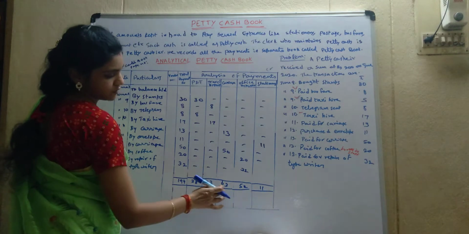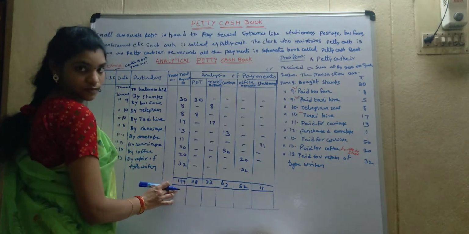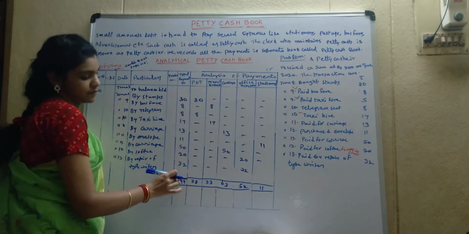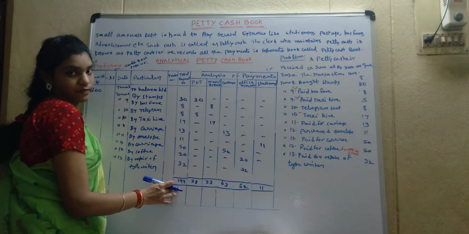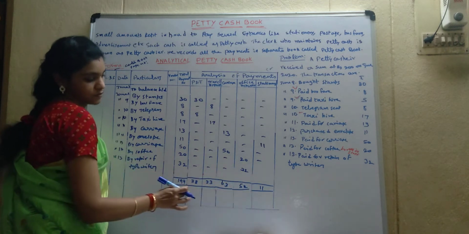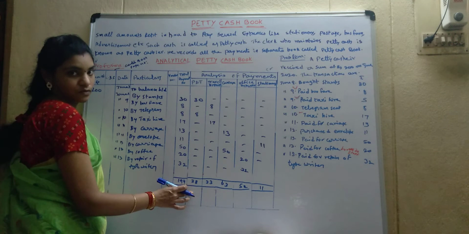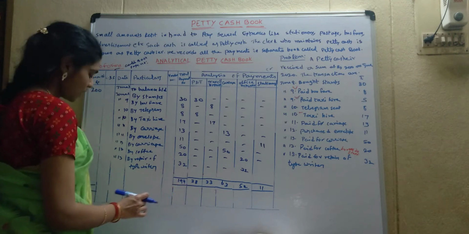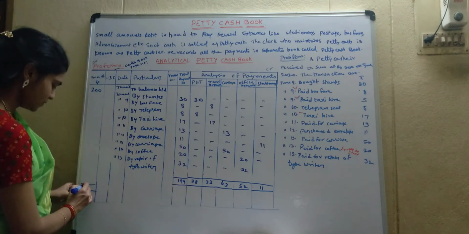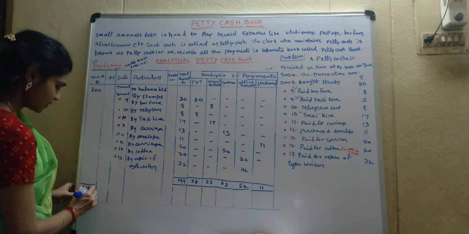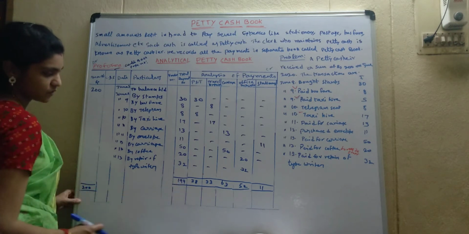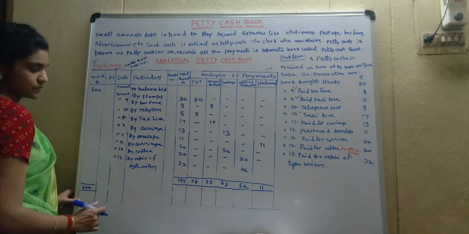All the totals of the amounts: total payment is equal to total payments amount. Now here 200, 200 minus 194. What is the remaining amount? 6 rupees.